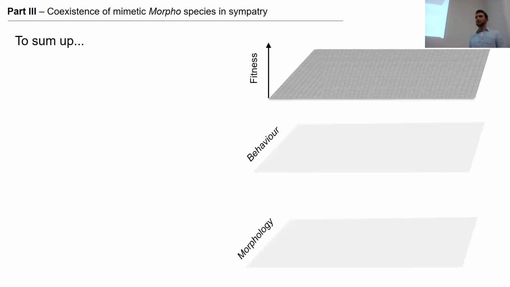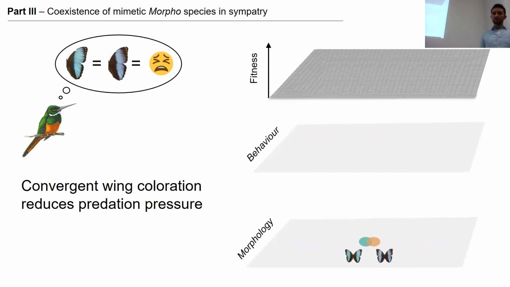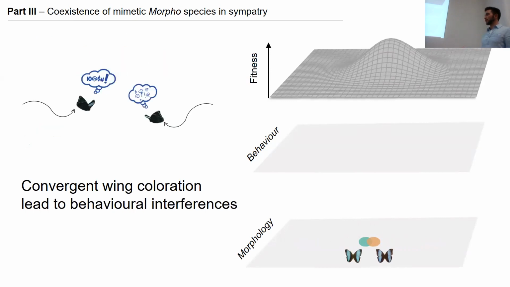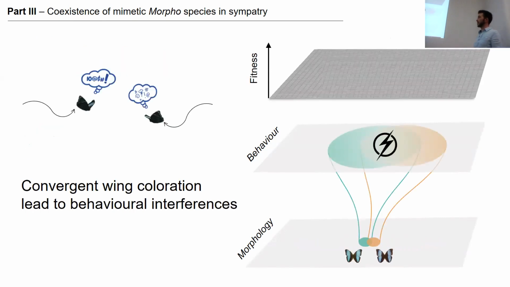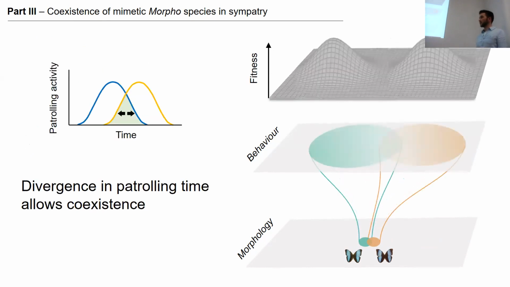I started here with the hypothesis that convergence in wing coloration reduces predation pressure, and therefore increases individual fitness. But the convergence in wing coloration also led to behavioral interferences, and these interferences are unlikely to increase fitness. And finally, I just discovered this divergence in patrolling time, likely limiting behavioral interferences and enabling coexistence.